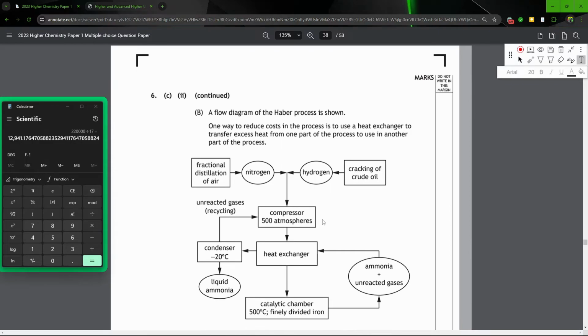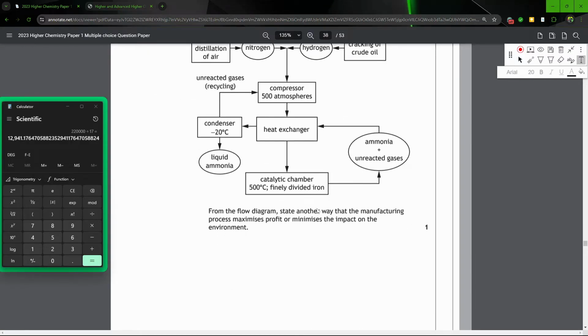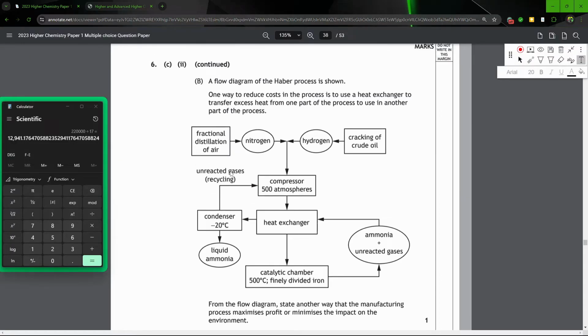A flow diagram of the Haber process is shown. One way to reduce costs in the process is to use a heat exchanger to transfer excess heat from one part of the process to use in another part of the process. From the flow diagram, state another way that the manufacturing process maximizes profit or minimizes the impact on the environment. So, let's have a look through here and see if there's anything interesting we can use.